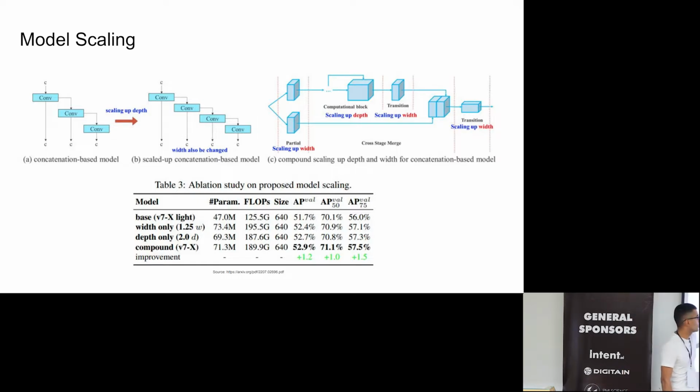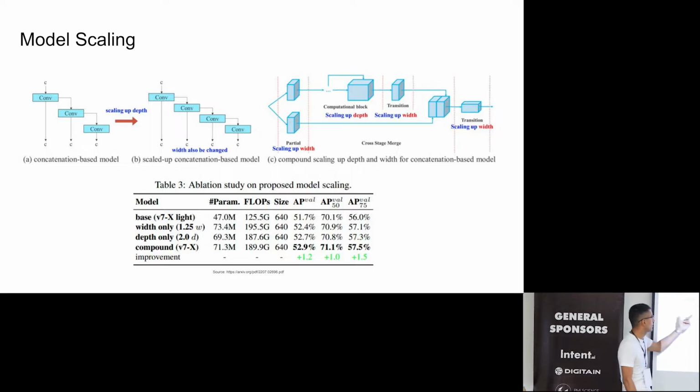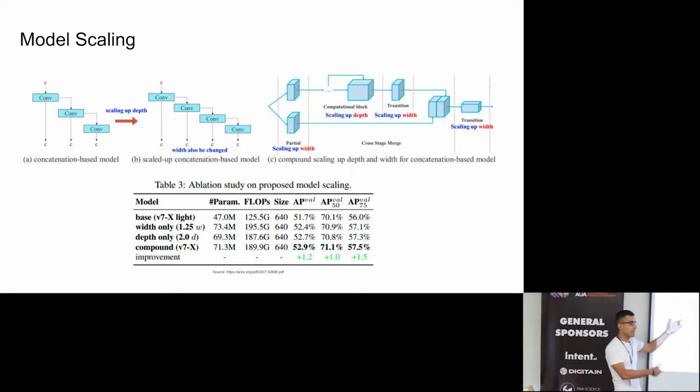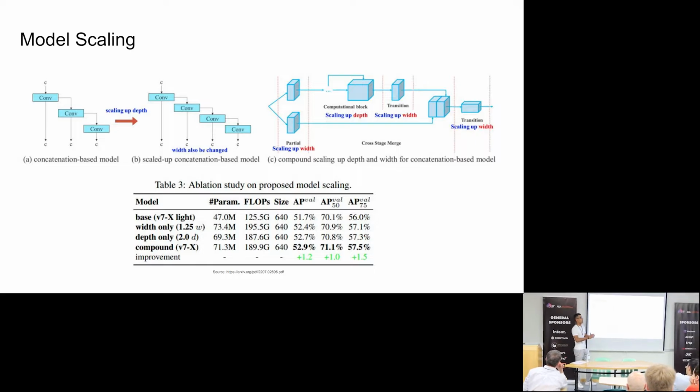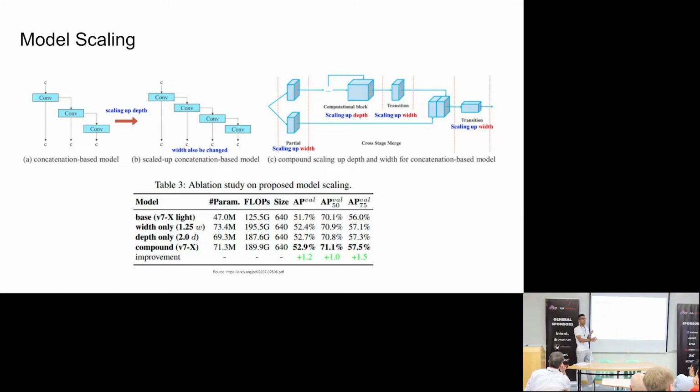But then when we concatenate them, instead of having 3 times C width at the end, we have 4 times C width, which means that by changing the depth, we also change the width, unconsciously.